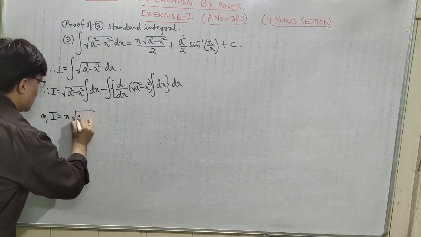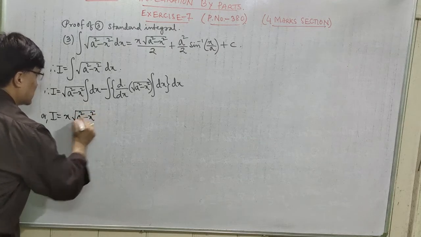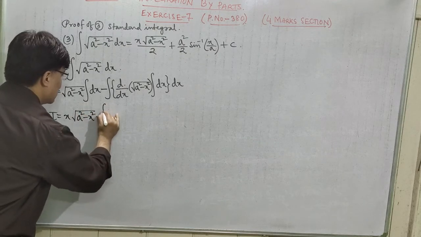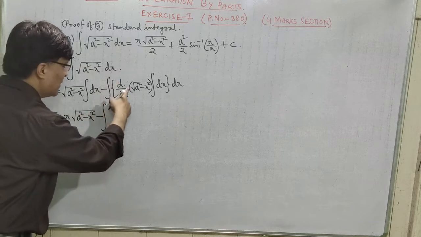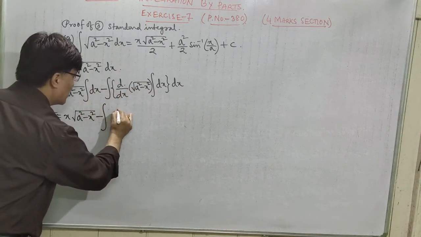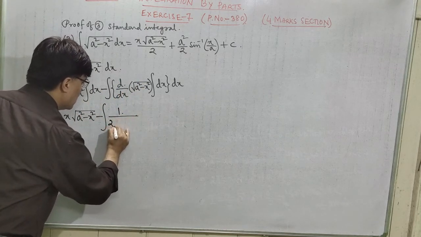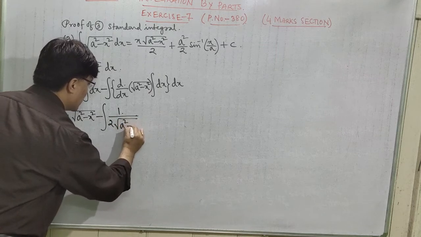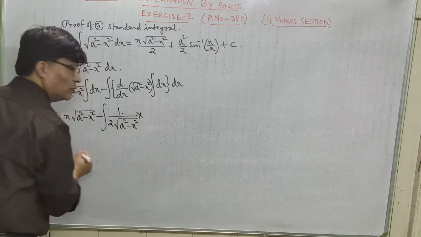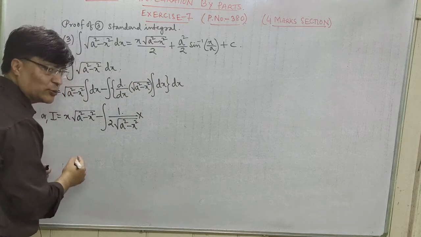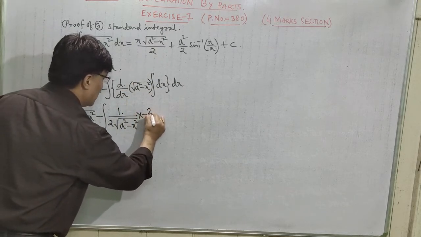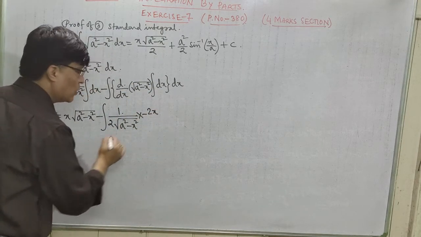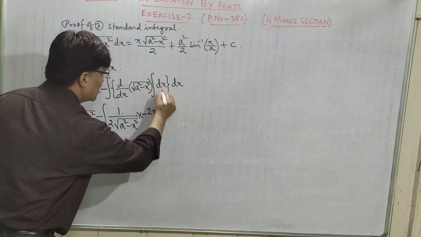x root over a square minus x square minus the integration of, again, what is d by dx of root over? It is 1 upon 2 root over a square minus x square, into, now again differentiate a square minus x square, that is your minus 2x. Okay, into, what is the integral of 1 dx?